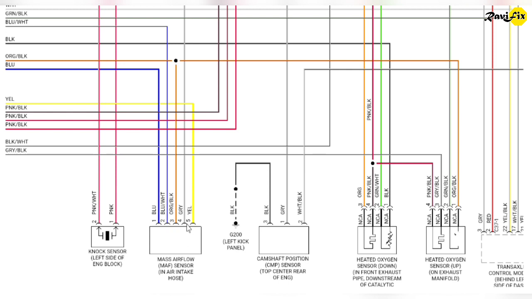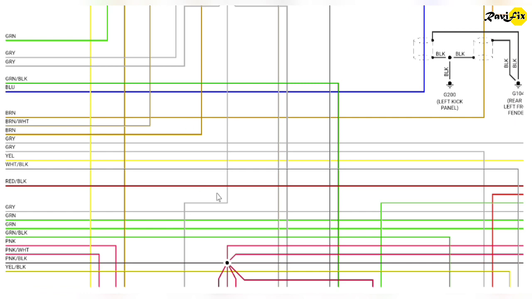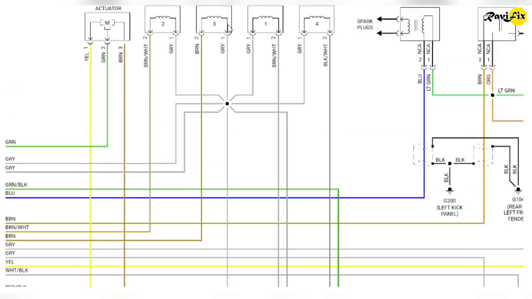Here number 4, gray wire. The gray wire goes to the top side and comes to this splice. This splice goes to the injectors, so it is clear this is a 12 volt feed line. This feed line comes to the mass airflow sensor.